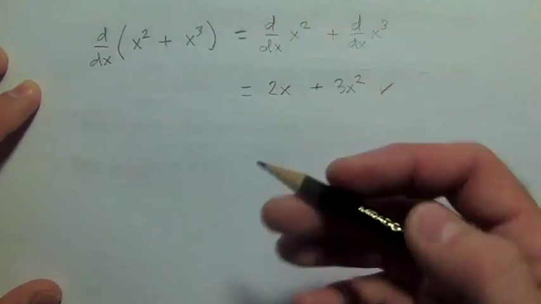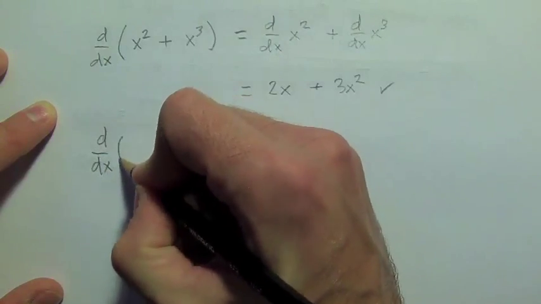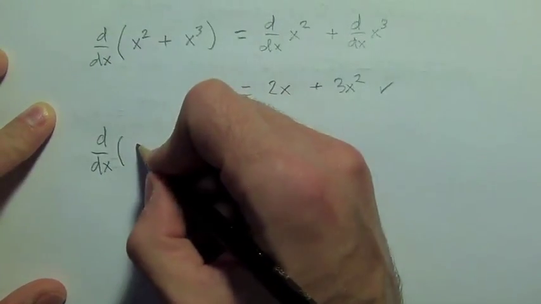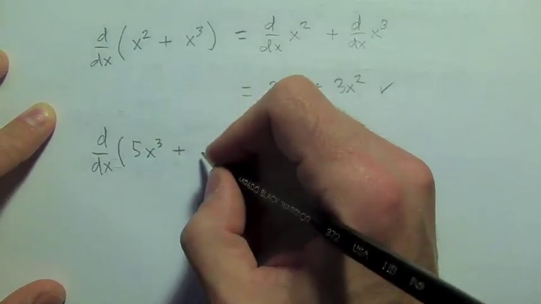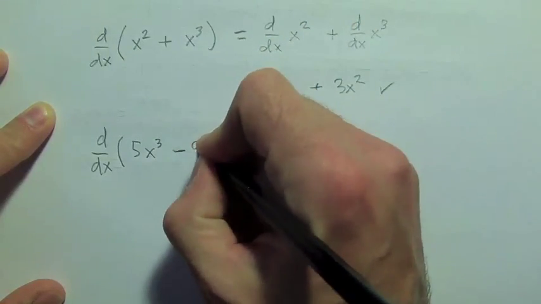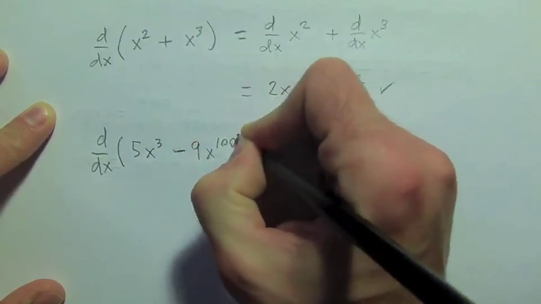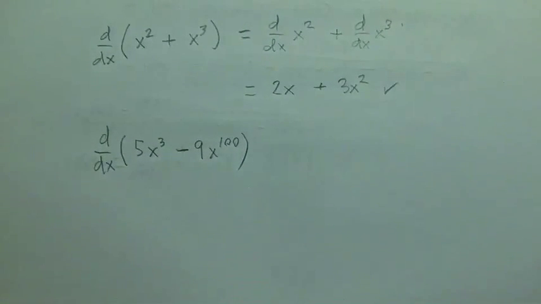Okay, and we can throw in the idea of constants as well. Let's say I want to take the derivative with respect to x of 5x cubed, actually let's do minus 9x to the 100th. Now imagine doing this one using the limit definition.